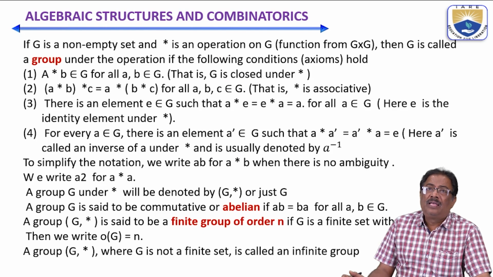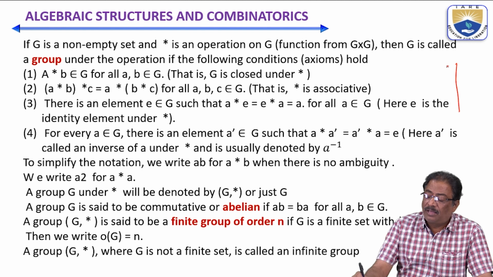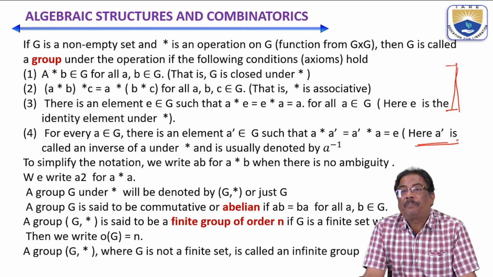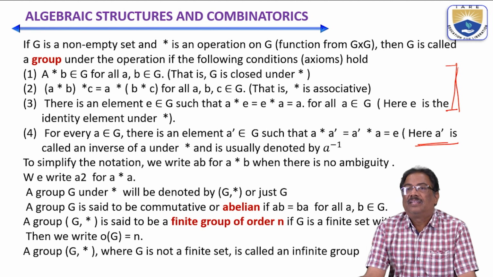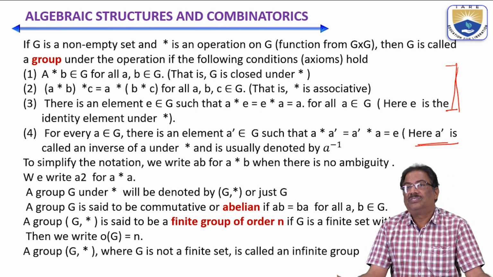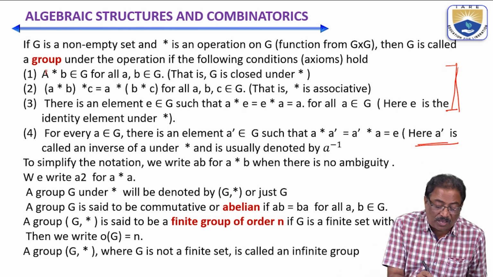Similarly, up to here it is a monoid. Then after that, if every element has its inverse, we can say that G comma star is a group.